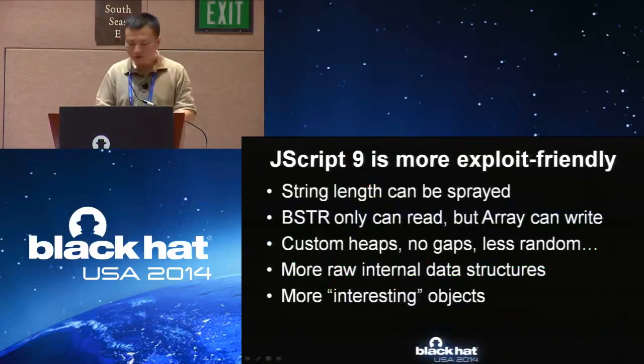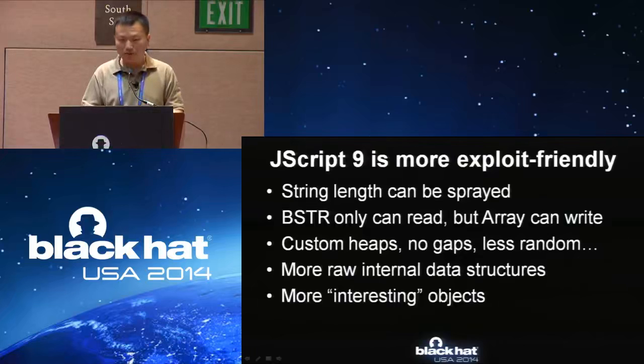I think JavaScript 9 is more exploit-friendly. We don't need to locate the string length. We can control it, and with an array, we can write any memory, not only read. BSTR is read only. Now we can read and write.